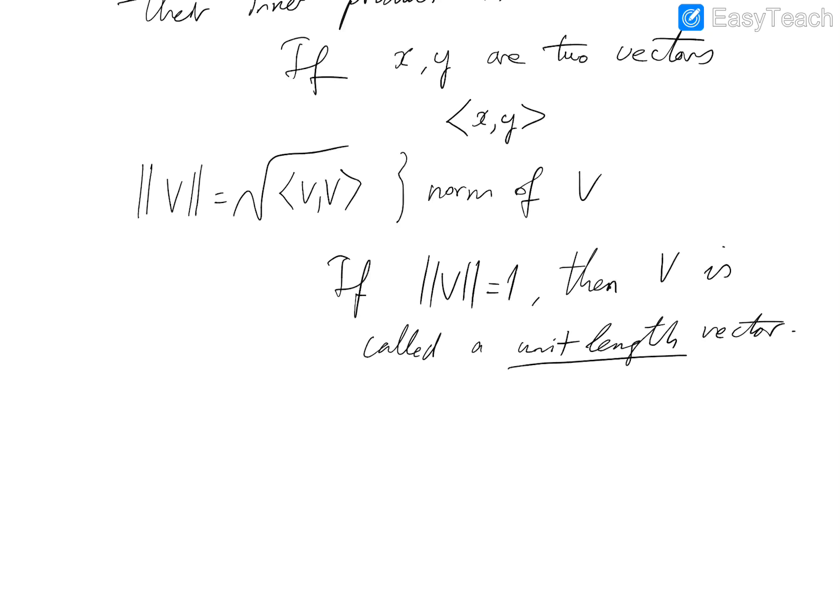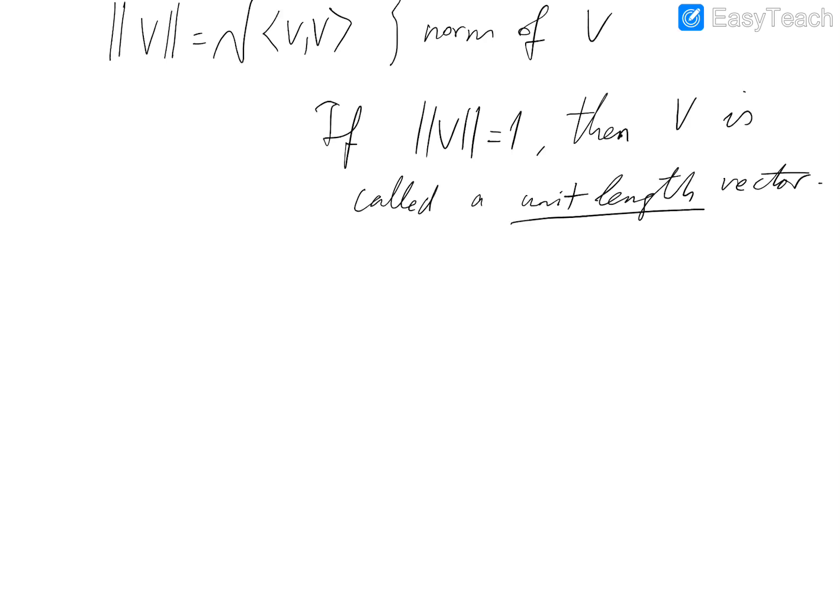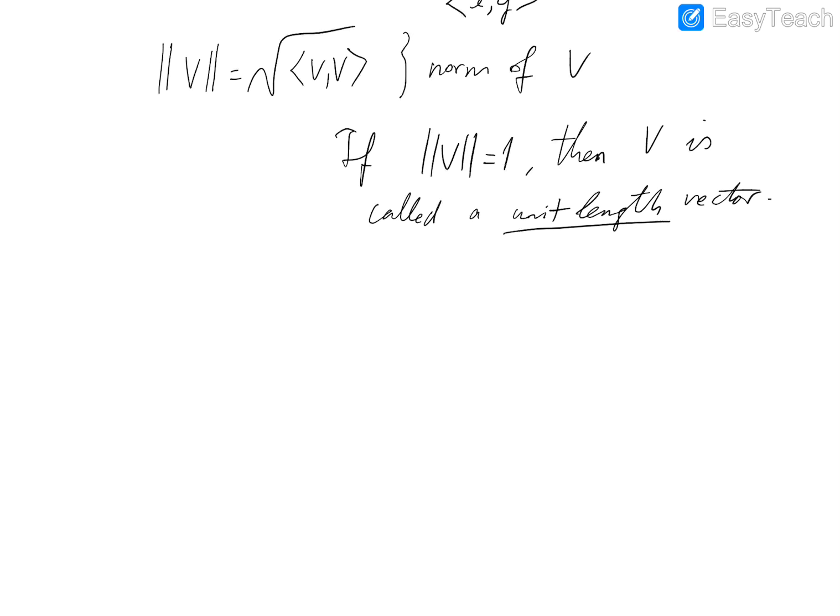Okay, so a special kind of vector space called Hilbert space will be of special interest for quantum computing. We will be dealing with only finite vector spaces. So a complex inner product space, which is finite, is also called Hilbert space.